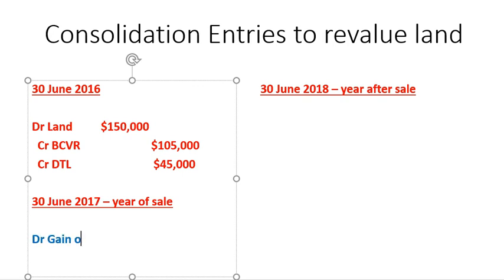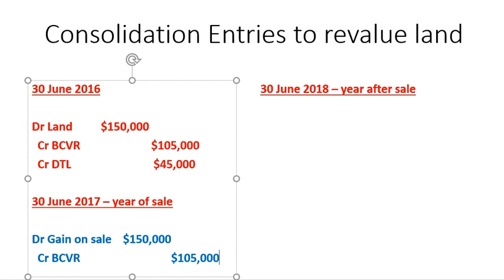So the way we're going to reduce the gain of the subsidiary, so they credited $200,000, so we're going to debit the gain on sale by $150,000 to bring the actual gain down to $50,000. We're then going to credit our BCVR of $105,000.